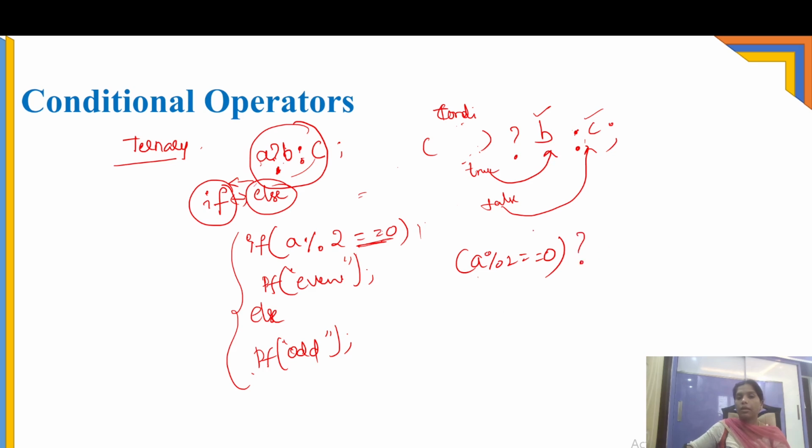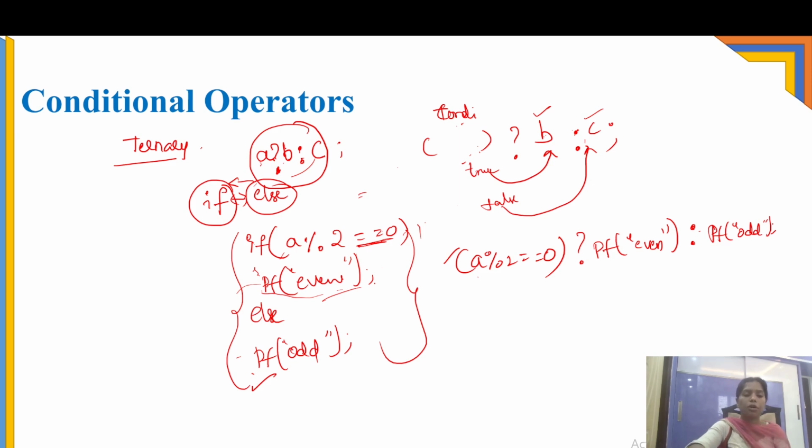What is B? It is the true statement. If this condition is true, what do you need to execute? Printf even, colon. If the condition is false, you need to print odd. Printf odd. This is the single line using the conditional operator for if else. This is the conditional operator, or ternary operator.